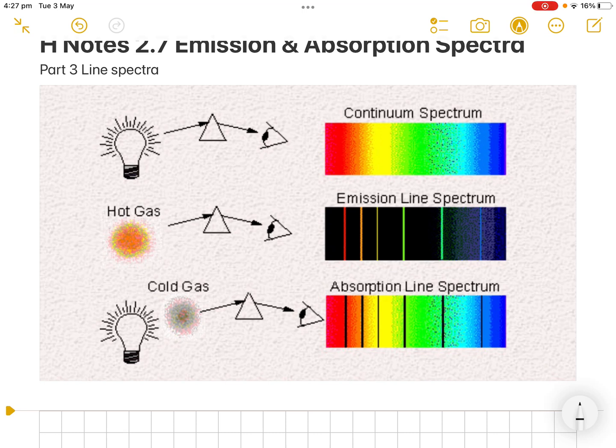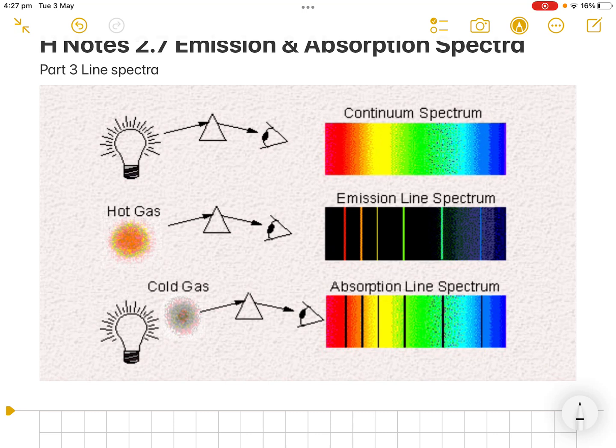Anyway, if you take that same gas and you allow it to be cold, by cold we mean room temperature, and then you pass white light through it, and then pass that resulting light through a prism again, you find that you get the continuous spectrum effect again, but there are black lines in it.